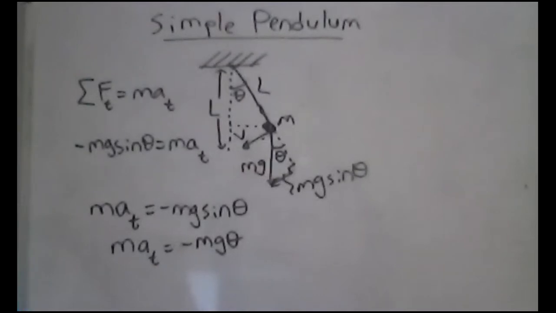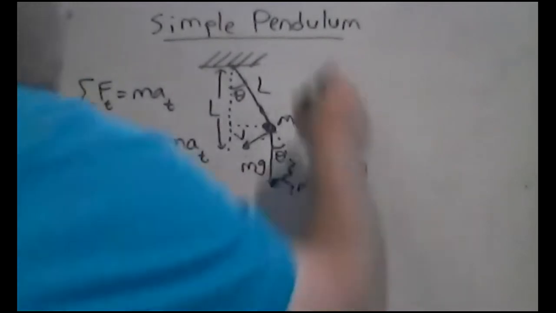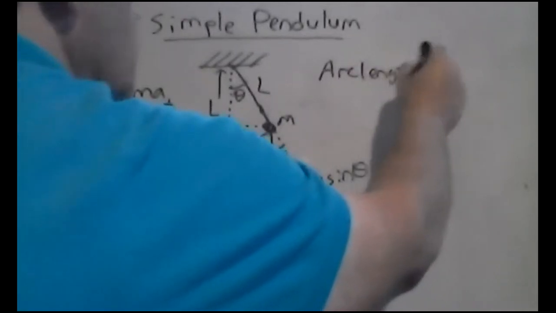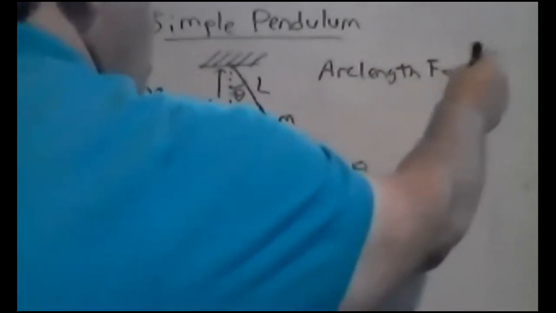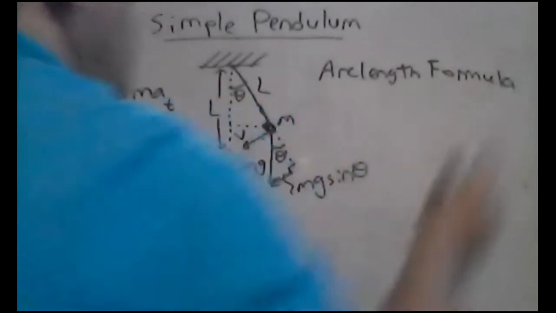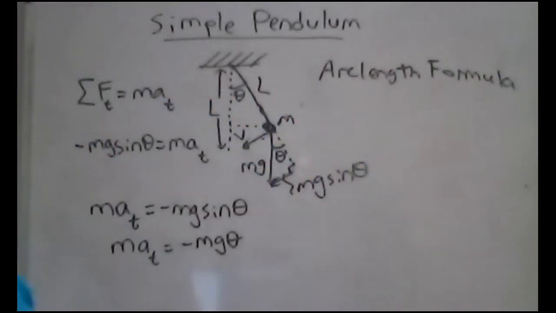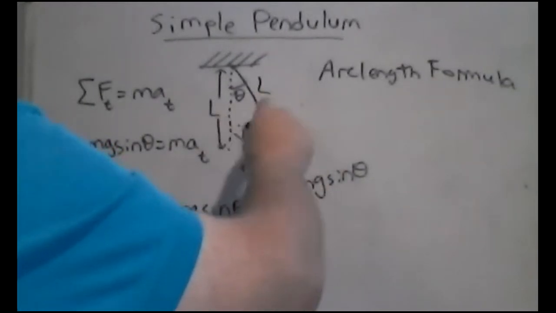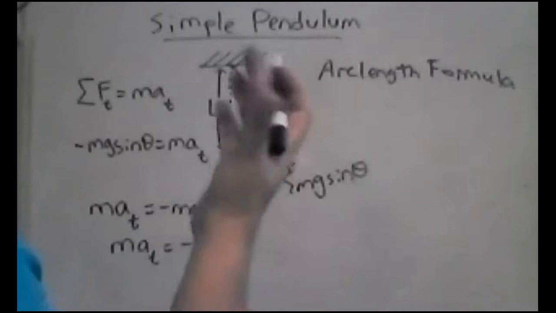Now, let's go back to the arc length formula. Remember the arc length formula? The arc length is equal to the radius times the angle subtended. So whatever this length is, I'm going to linearize. I'm going to say it's small.